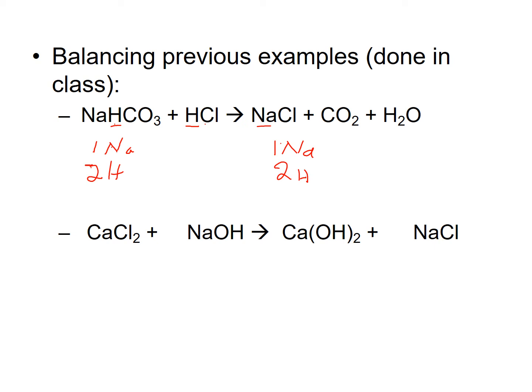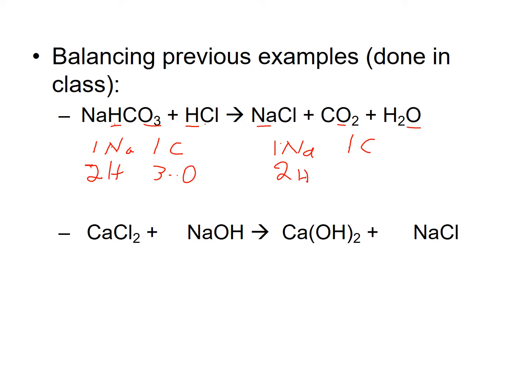Carbons: I see there's one carbon on each side. The sodium bicarbonate has one carbon, and over here there's one carbon in the CO2. And then finally, I see three oxygen atoms on this side.